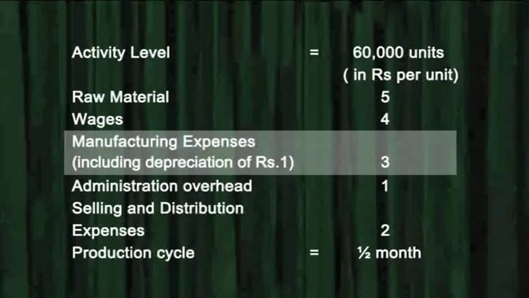First of all, keep in mind that we have to estimate everything on cost basis. So depreciation of 1 rupee which is included in the manufacturing expenses has to be ignored. That means instead of 3 rupees we have to take rupees 2 in finalizing the cost of goods to be produced.